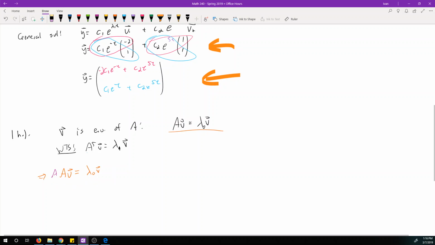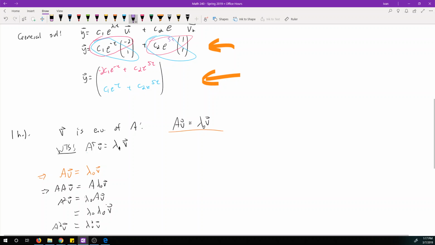So now you'll get AAV is equal to A lambda naught V. And then what is this? Now I get A squared V is equal to lambda naught times AV. And then what is AV? Well, AV is lambda naught V from here. So this is lambda naught squared V. So now you get A squared V is equal to lambda naught squared V, right?